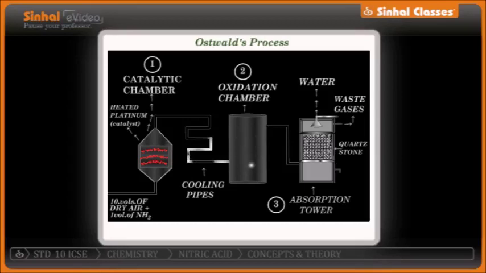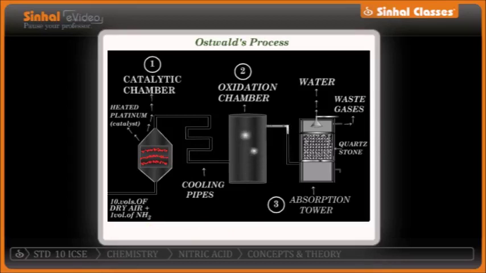So the reaction taking place in oxidation chamber is 2NO plus O2 at a temperature of 50 degrees Celsius forms 2NO2. Now this NO2 gas, that is nitrogen dioxide, enters into the last chamber, that is absorption tower.